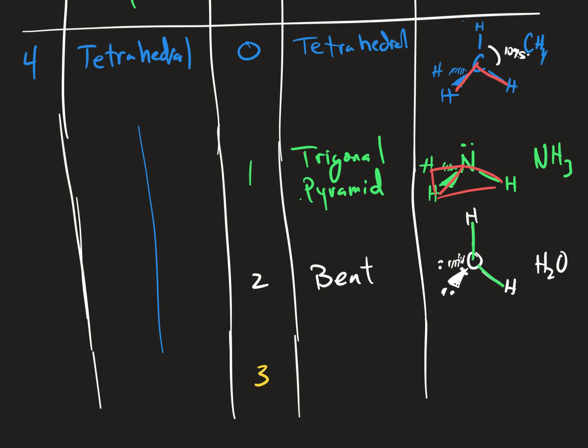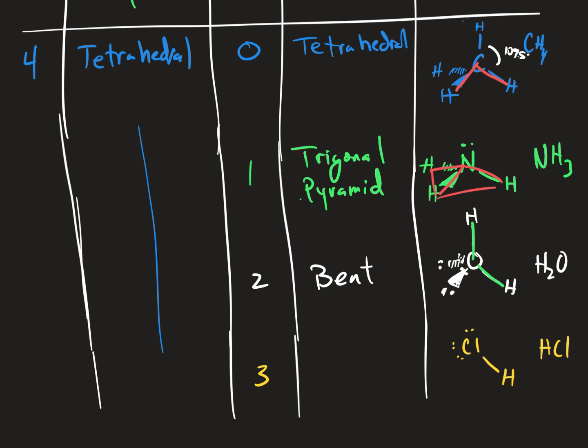Next, if we have 3 lone pairs of electrons around the central atom, like in the case of HCl, we have Cl as the central atom. We have a lone pair there. We might call that hydrogen. And we have a lone pair there and a lone pair there.